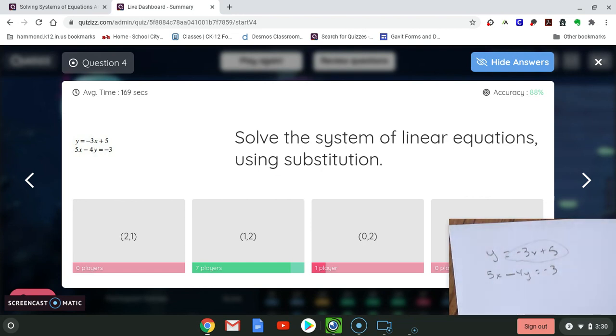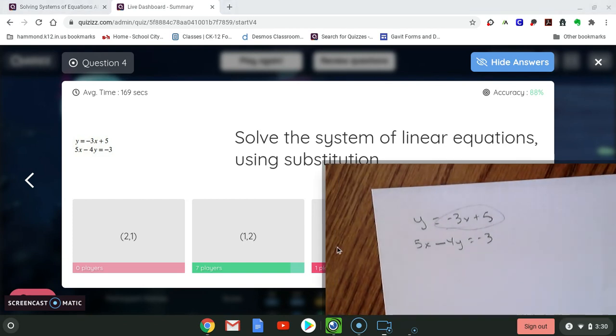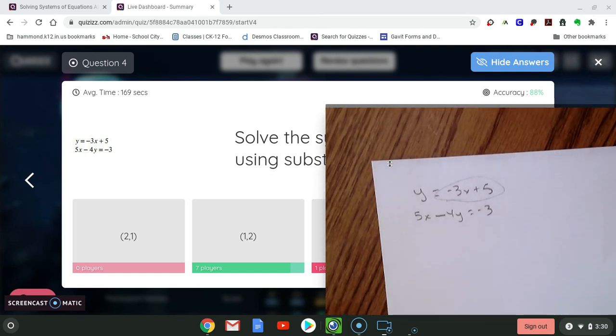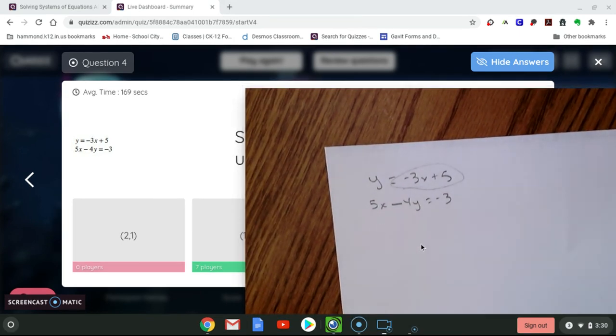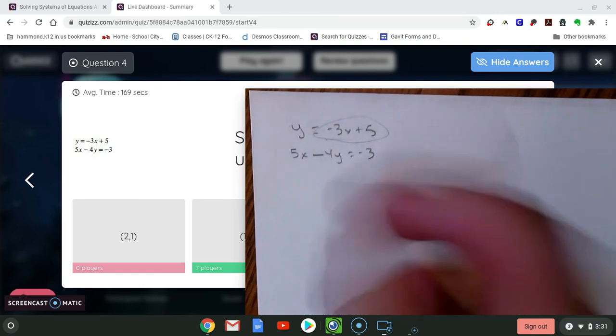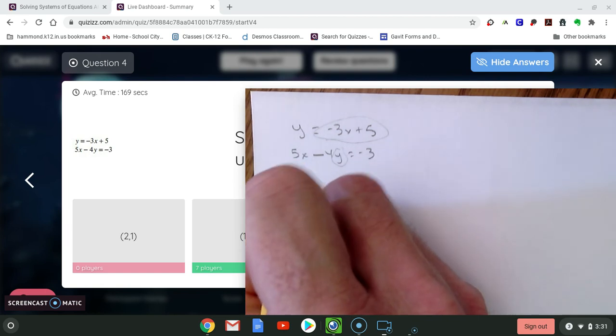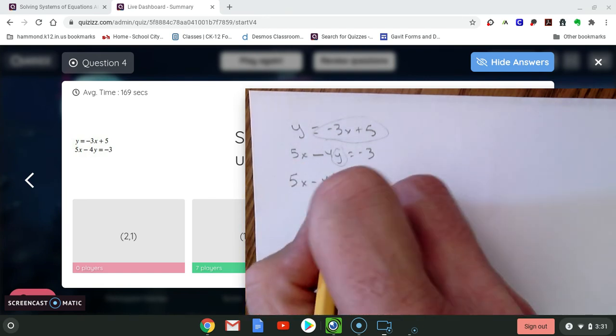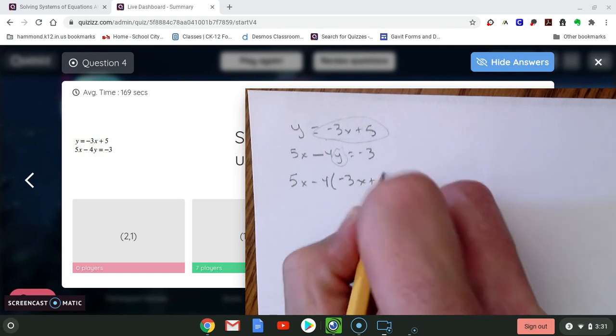So here I can see that I have an equation equal to a variable. We've solved for y. So let's substitute that into y here.